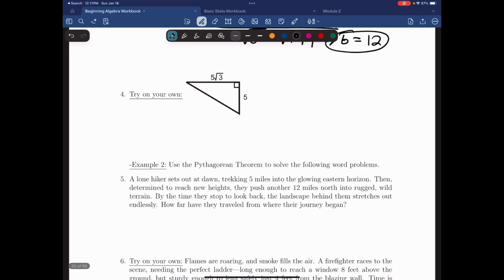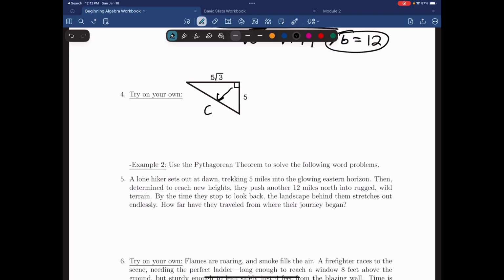Alrighty, so for this last example, I encourage you to pause the video and try this one on your own. And assuming you worked through it, let's go through this together. To identify our side lengths, let's first see what side length is directly across from the right angle. It happens to be this missing side length here, so we're going to be solving for C in this example.